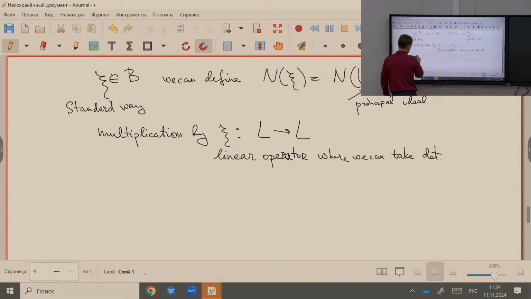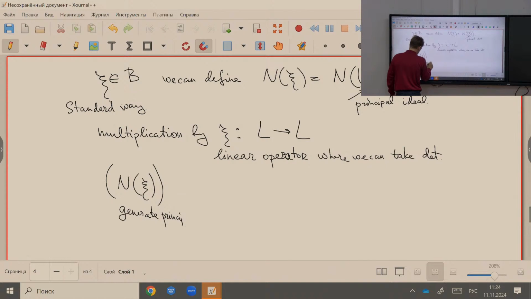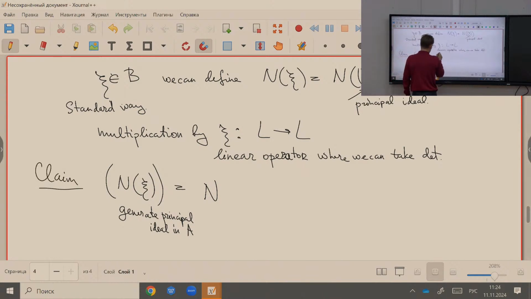So the claim is that if you take N of psi and generate the principal ideal in A, it is equal to N of psi defined this way.